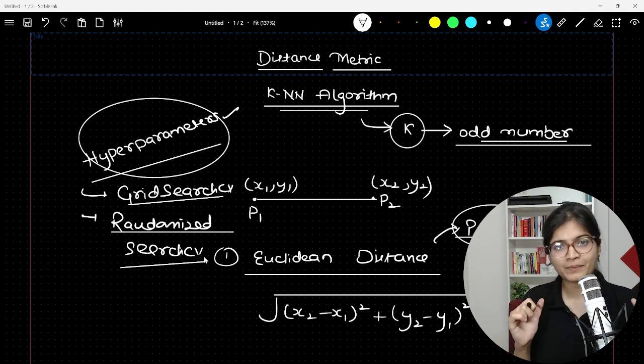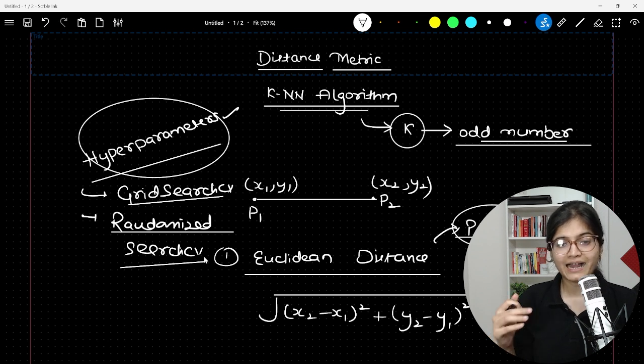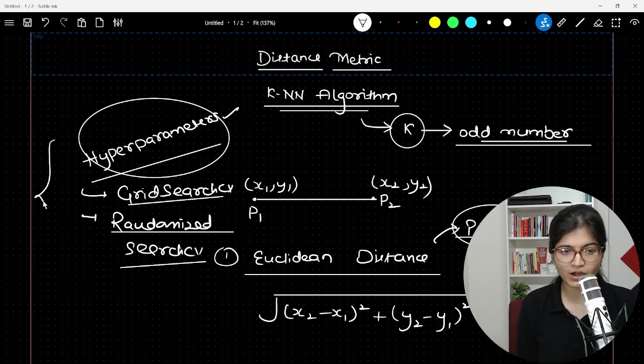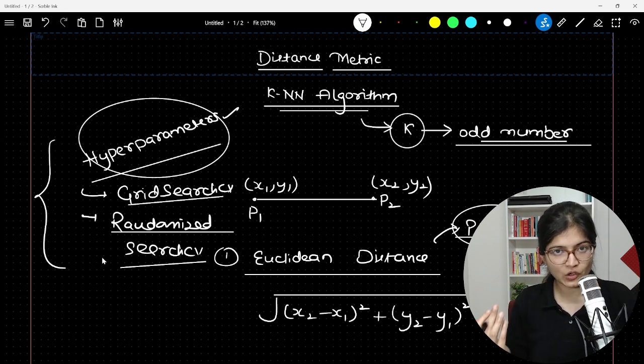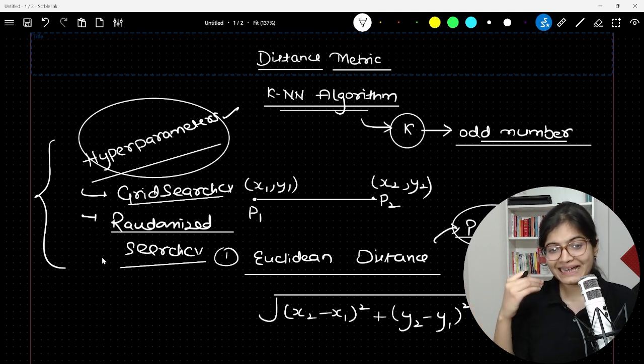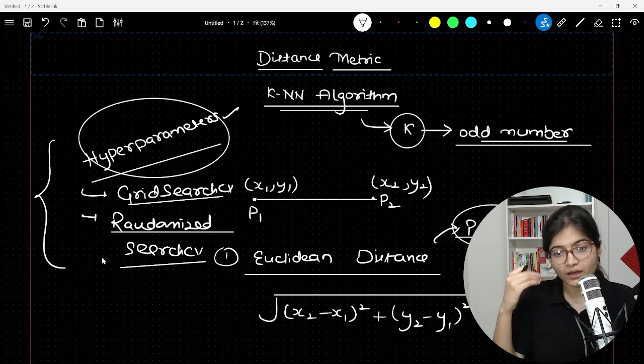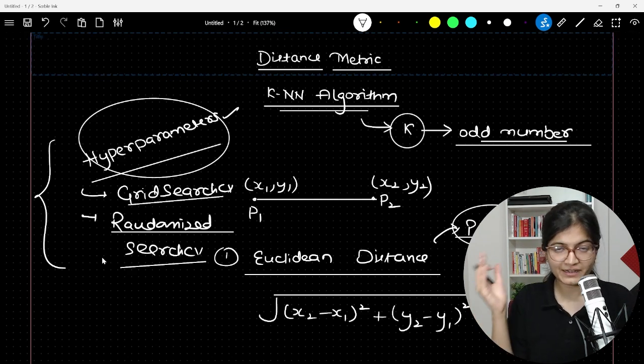So wait for that particular module to come, with the help of which you will be clearly able to understand. And by the way, these algorithms are equally valuable and valid for all the algorithms that we have explored so far in machine learning, right? You can apply grid search CV and randomized search CV to check all the hyperparameters available in the different algorithms that we have.